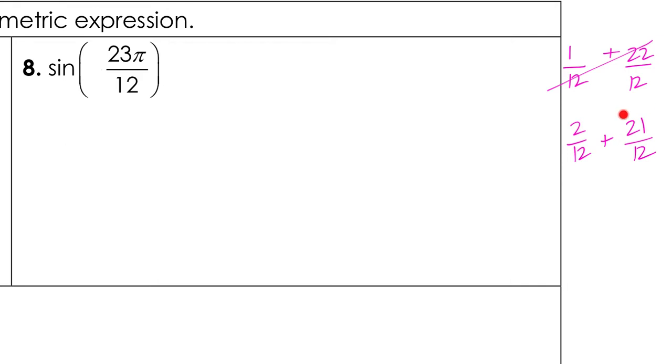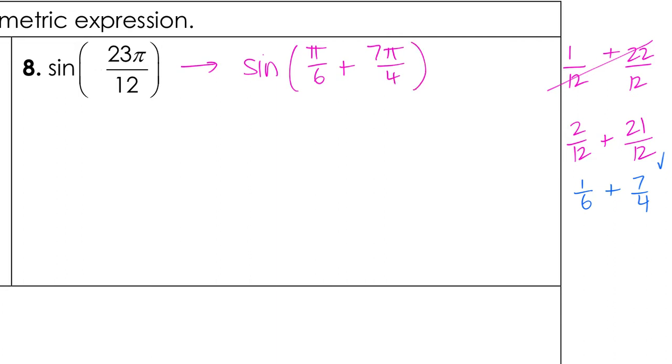And in these fractions, can I simplify them? I think so. This would become 1/6, and this would become 7/4. So this one works, because I was able to simplify. Now we just need to think of it as radians. So it would be sine of pi over 6 plus 7 pi over 4.